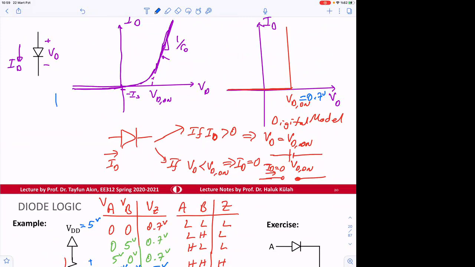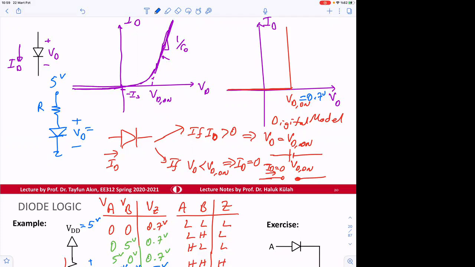So let me do it again, just with one diode. Maybe it's easier to explain. So if this is 5 volts, this is R, and this is the diode. So what is this voltage? The diode is on. We say that when it's on, there's a current, right?